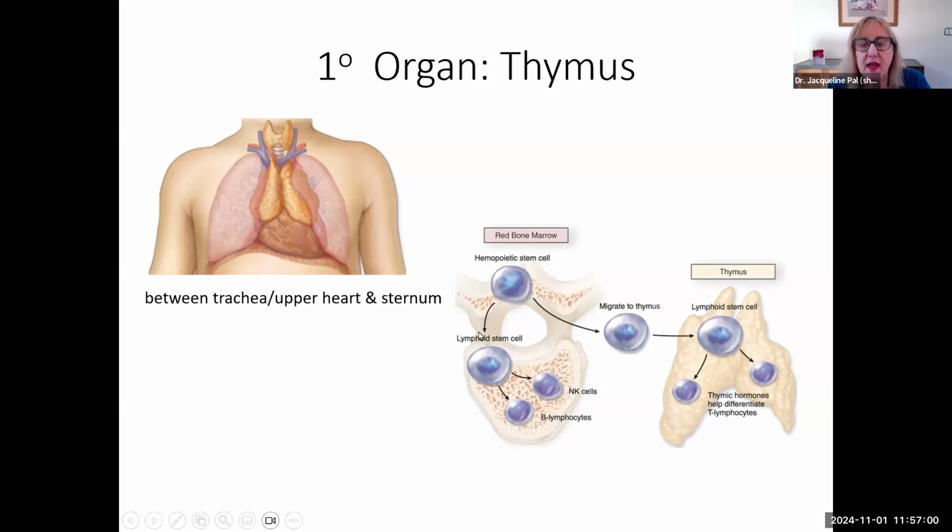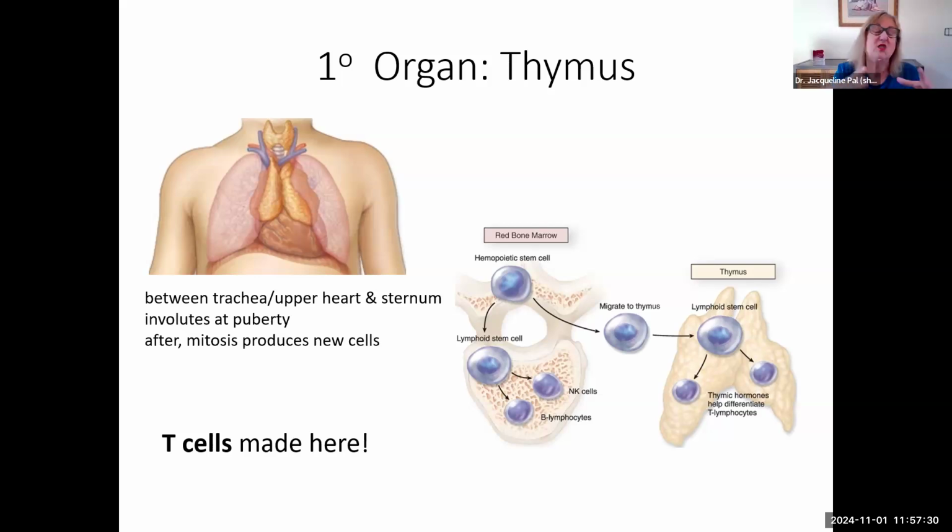Well, that stem cell moves to your thymus, and in your thymus, because your thymus makes some hormones we don't need to learn the names of, it will make T cells. So thymus with a T is where your T cells are made. And red bone marrow with a B is where your B cells are made.